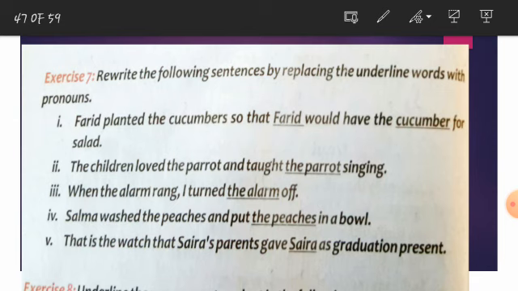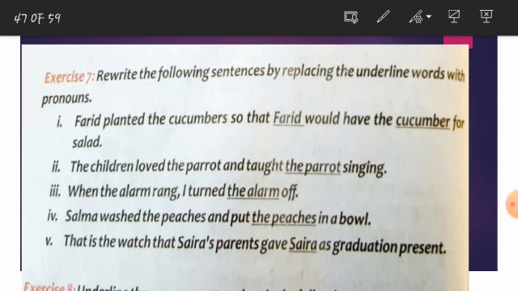Number 3, when the alarm rang, I turned the alarm off. As the alarm is a thing, we will use the pronoun it: I turned it off. Number 4, Salma washed the peaches and put the peaches in a bowl. Salma washed the peaches and put them in a bowl.